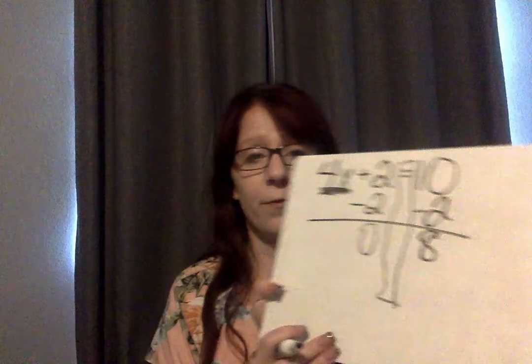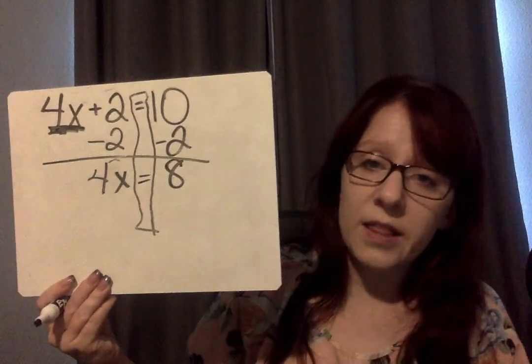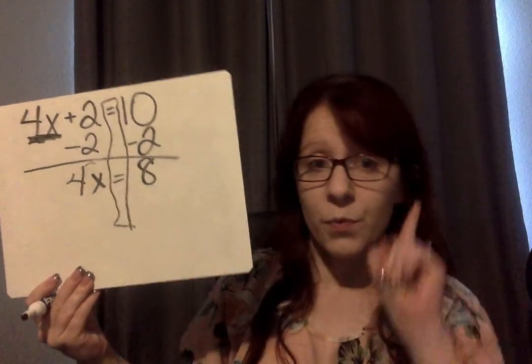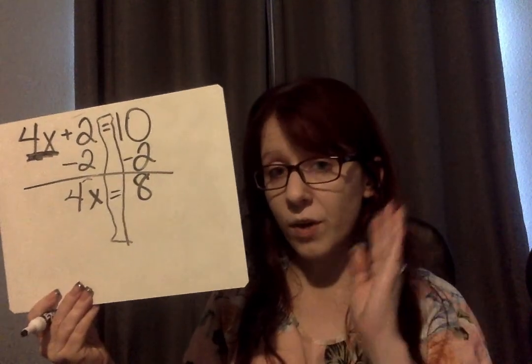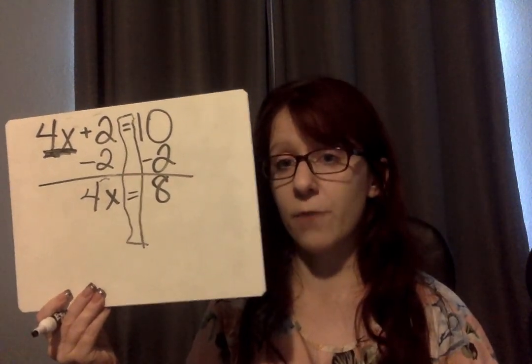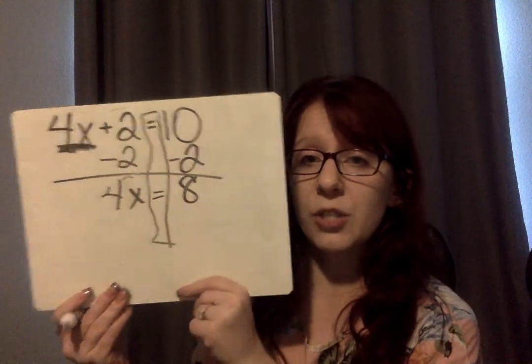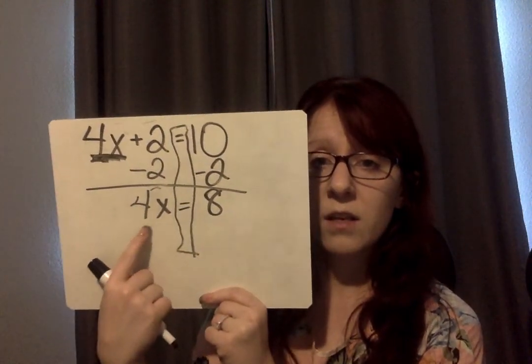And so the 0 we can get rid of here, and we have 4x equals 8. That's what's left here. We've got one step left. One step to get x by itself. We're solving for x here. What else do we need to get rid of? What's attached to x? Excellent. And how do you think we're going to get rid of that?